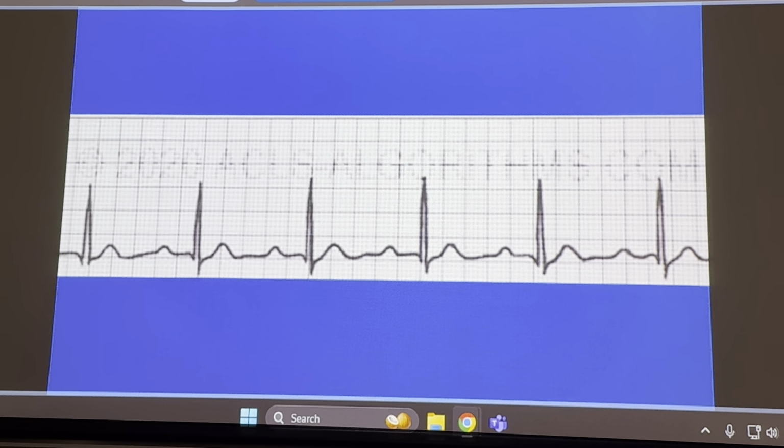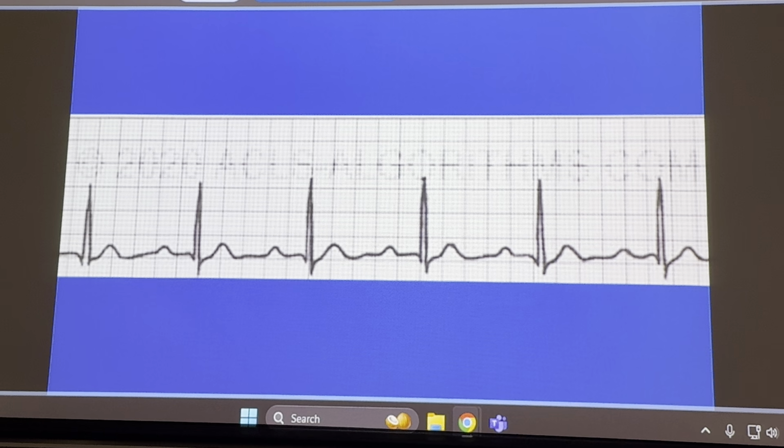Okay. So we have, let's see, 1, 2, 3, 4, 5, 6. So it's 6 QRS complexes. Rate's going to be 60, right? Mm-hmm. We have a P wave, don't we? Yes. We have a QRS complex, right? Mm-hmm. And then we have a T wave. Right, so we have all our parts and pieces. Is our QRS complexes regular? Regular spacing.